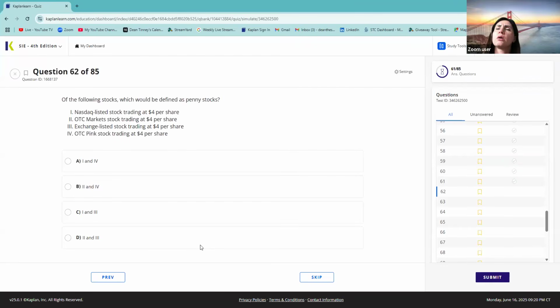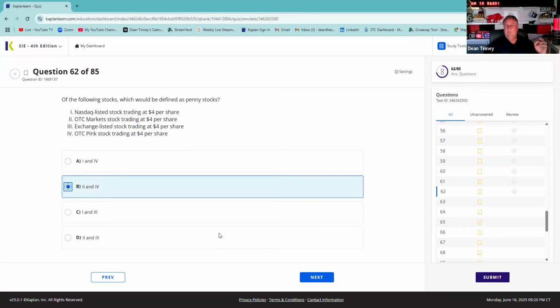NASDAQ stock under 5 is not a penny stock. If it's trading on New York or NASDAQ, it's not a penny stock regardless of the price. It's a non-NASDAQ OTC stock. 2 and 4 are penny stocks, right? And remember, this definition is testable. And then remember the disclosure, the monthly statement, the established customer, all of that is very testable.